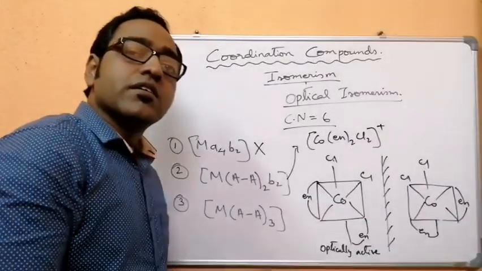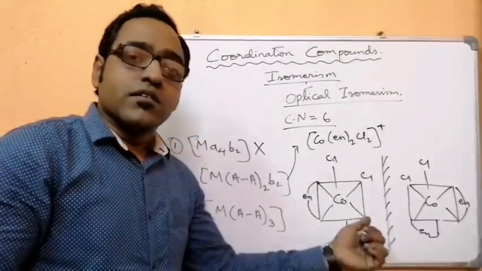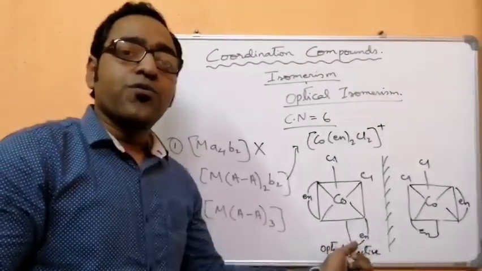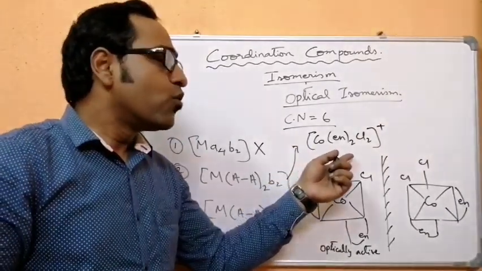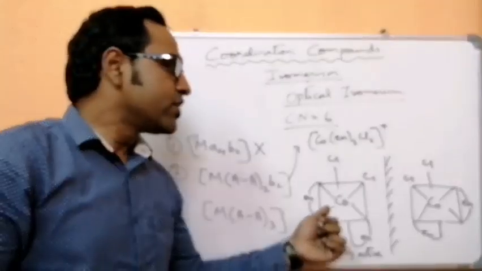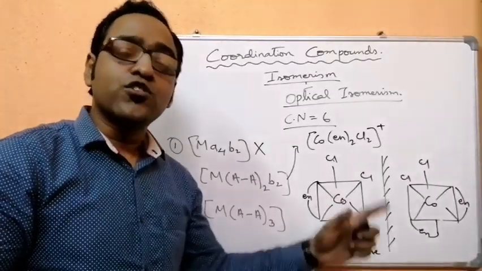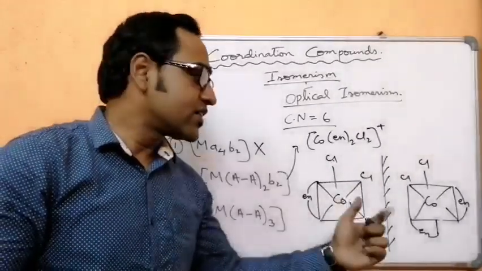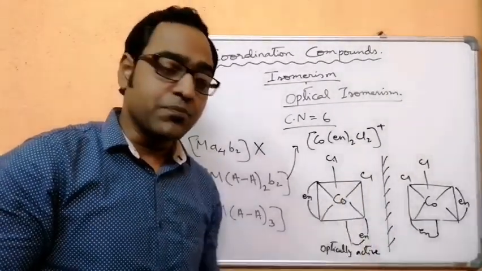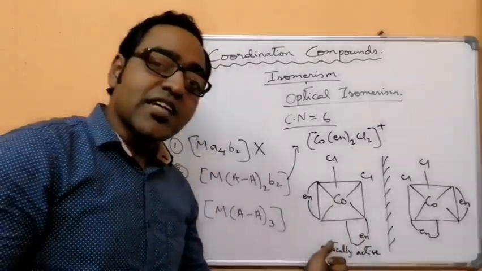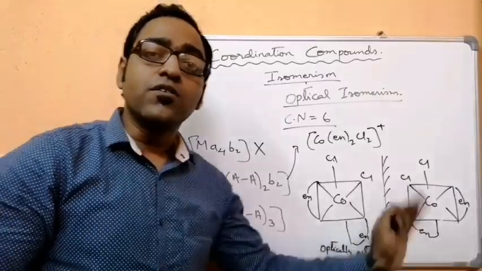So whenever in board exam you will get this question, draw the enantiomer of the compound Co(en)2Cl2, then you will draw first the geometrical isomer. You will state that the cis isomer is optically active, whereas the trans isomer is optically inactive due to presence of symmetry plane. And then with the cis isomer you will draw the two enantiomers. Then only we will get the full marks.